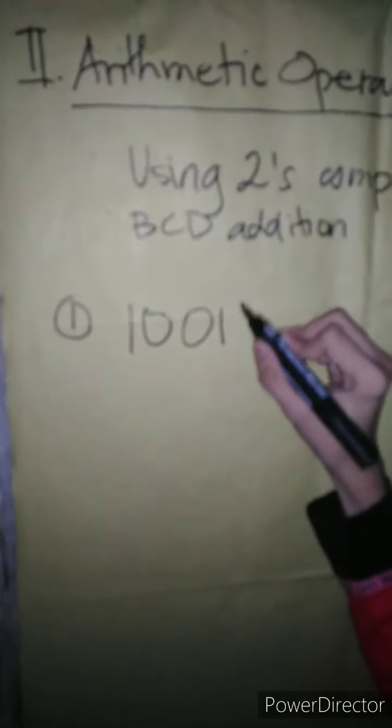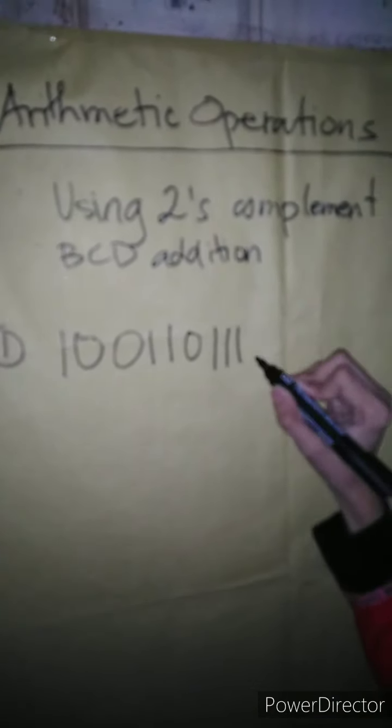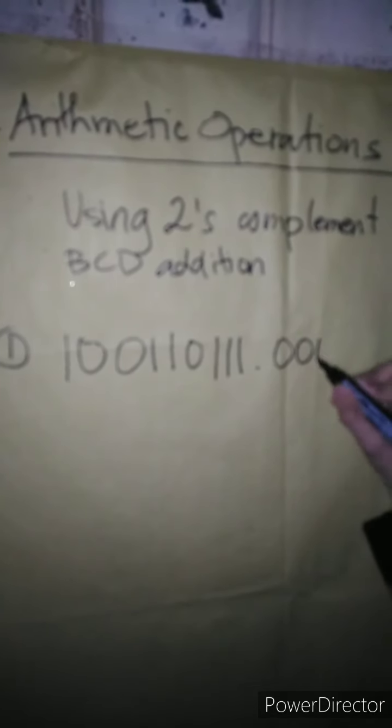Okay, so let's proceed with examples. For the first one, here we go. Let's say I want to add the two binary numbers 10011011 1.0001011, or instead of adding let's subtract rather, sorry for the term.